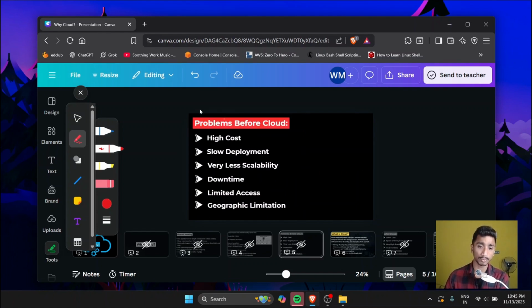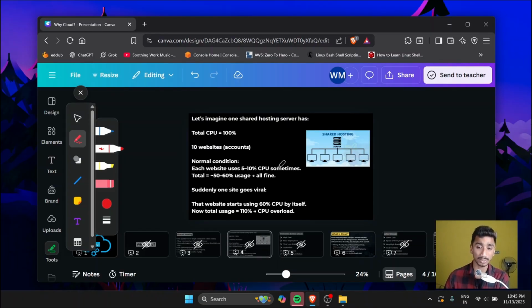So, problems before cloud: high cost. As I told you earlier, if you want to host a website, you have to buy a brand new server. If not, you can use shared hosting, but it comes with a variety of limitations.